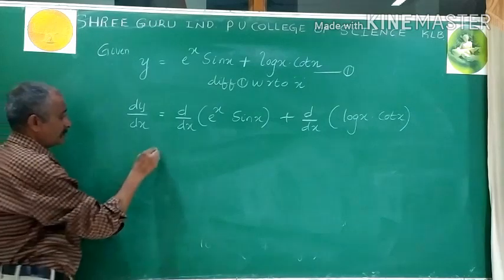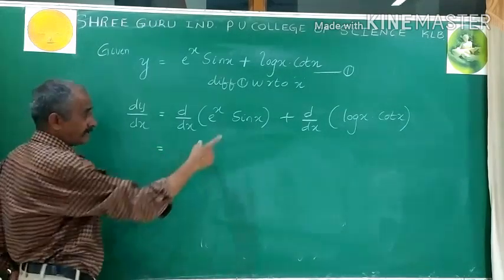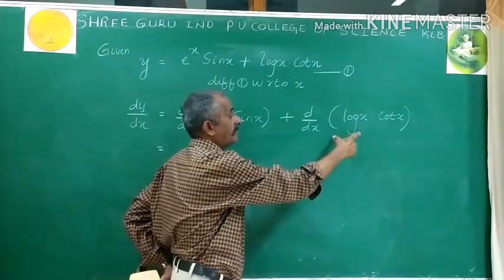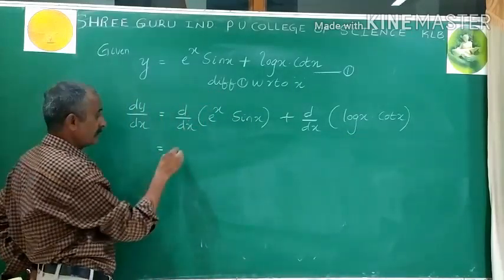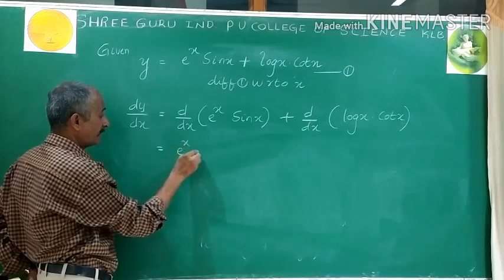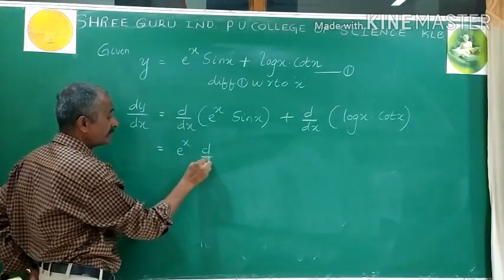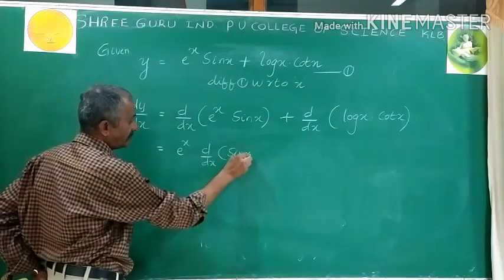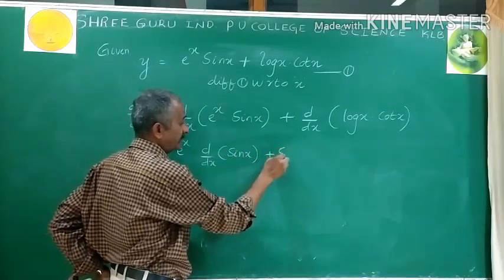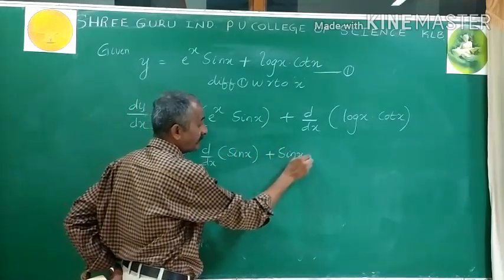And that is equal to, now we need to apply the product rule. Applying product rule: first function e power x into differentiation of sin x, plus second function sin x into differentiation of e power x.